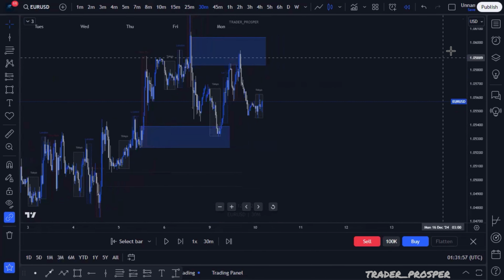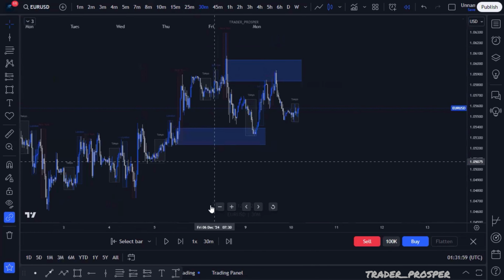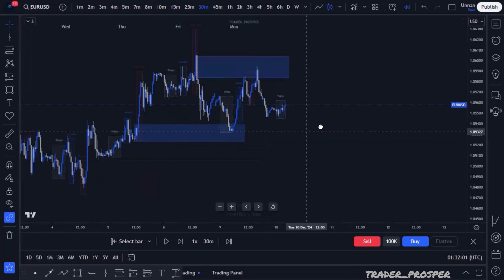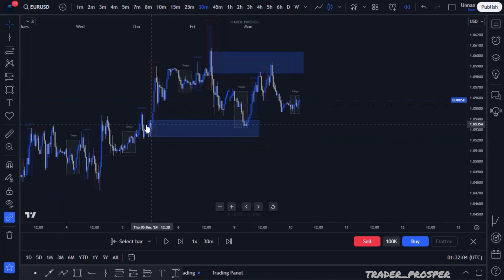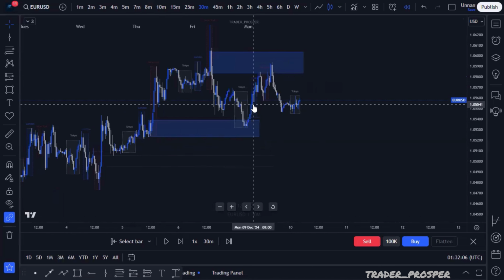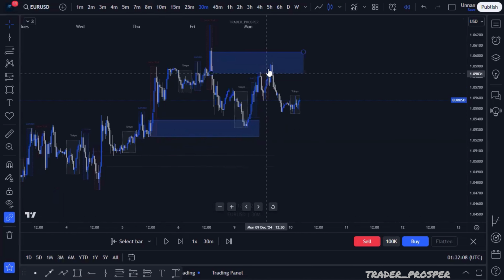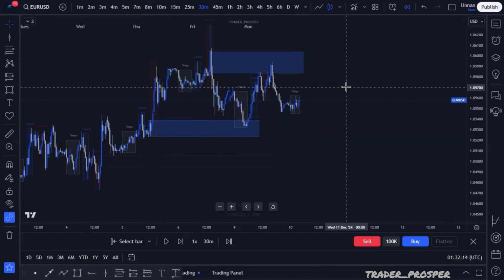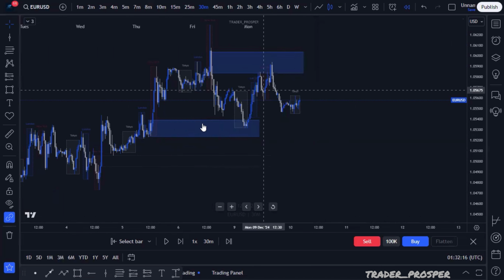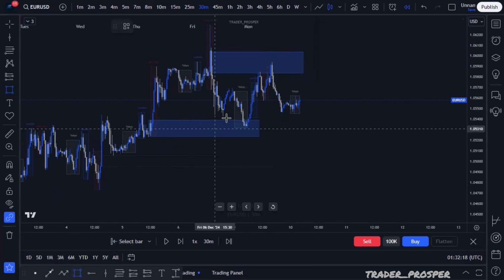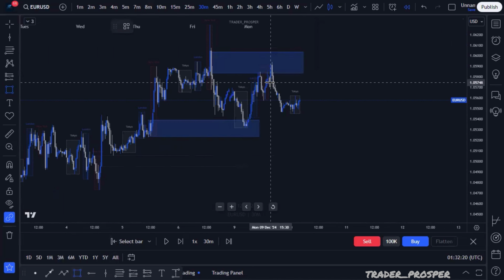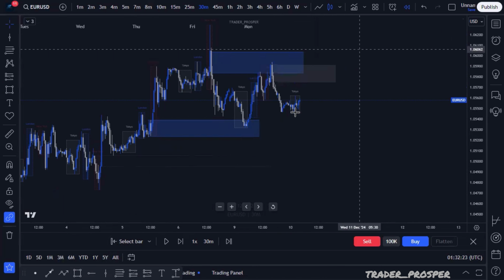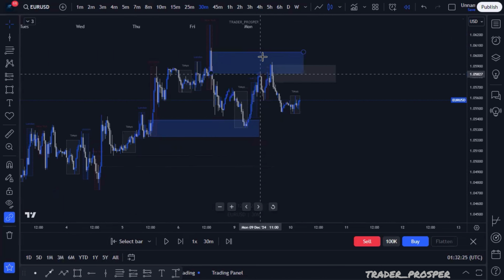Okay, now take a look at this point here. When price did mitigate this demand zone, it kind of pressed into this supply. We're waiting for price to come in because price did sweep some higher time frame liquidity. Now it kind of left us with another supply here because it broke the structure to the downside.